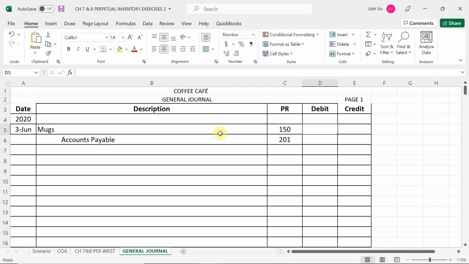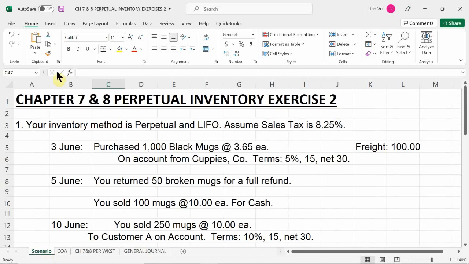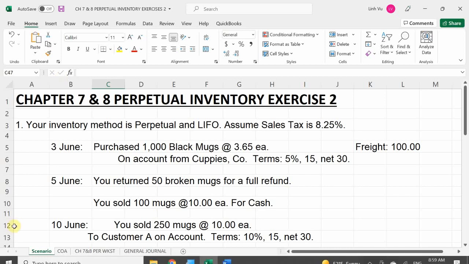Now, how much is going to be my grand total? I purchase 1,000 black mugs at $3.65 each, with the freight costing $100. It would be 3,750.